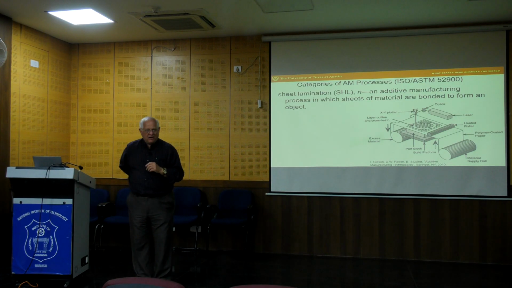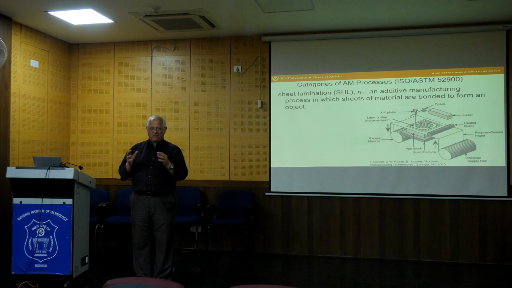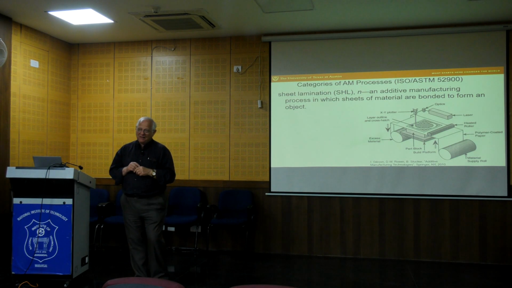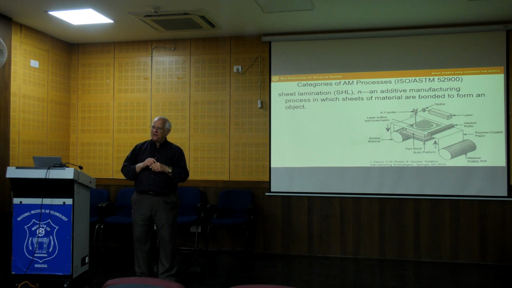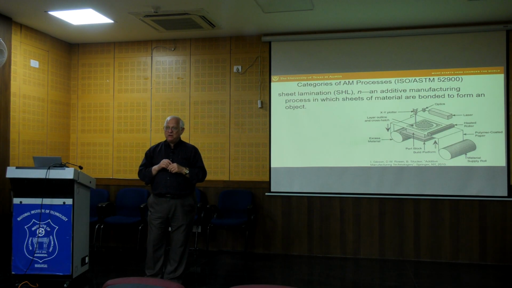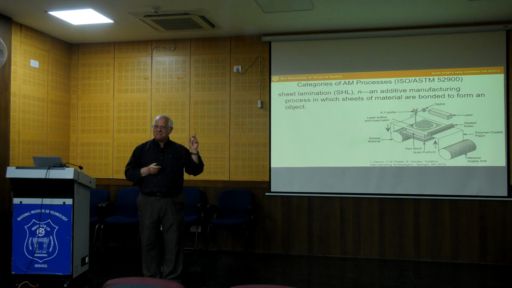This is what happened. Carl Deckard at the University of Texas is credited with inventing powder bed fusion, laser sintering. We'll get to that in a minute. But it turns out that when he applied for the patent, which was issued in, I think, 1987, for laser sintering, there was a dispute at the patent office. The dispute came from Mike Fagan, who said that he actually had invented laser sintering.